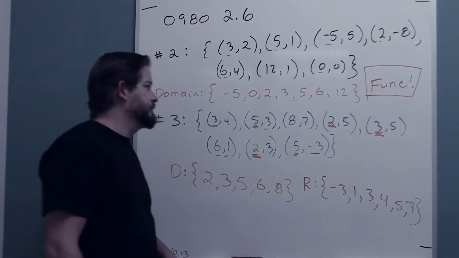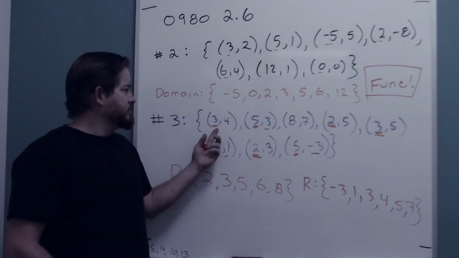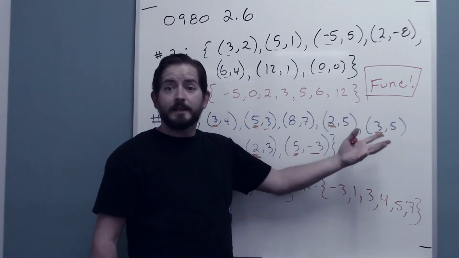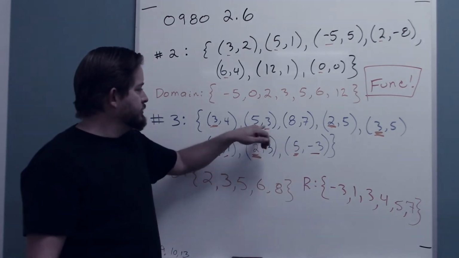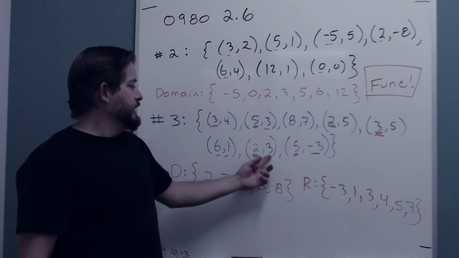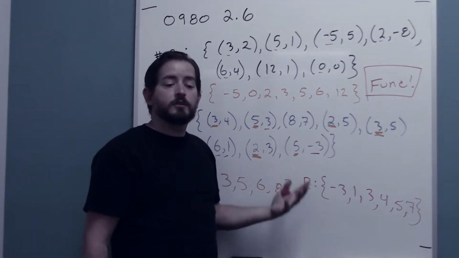Looks like that's it, unless I've missed one. I don't think I have. But we've got all of these spots. 3 goes to 4 at one point, but 3 goes to 5 at a different point. That's an issue. 5 goes to -3 at one point, but 5 goes to +3 at a different value, so another issue. 2 again goes to 3 sometimes, 2 goes to 5. Those are issues.